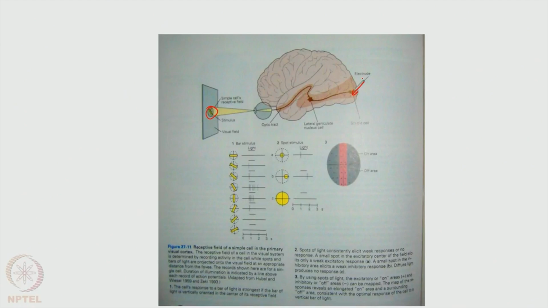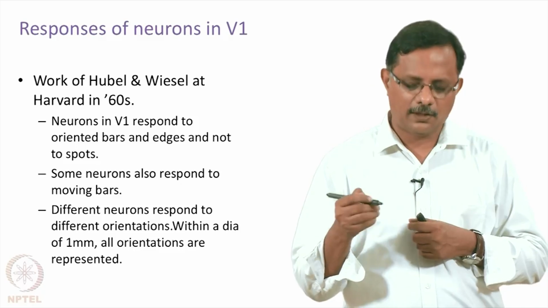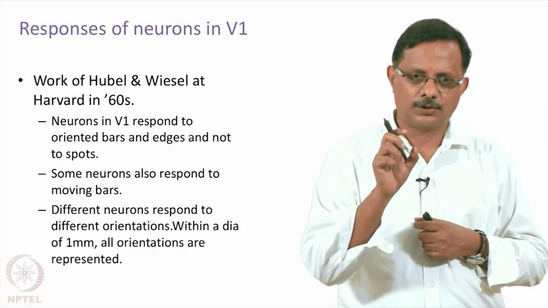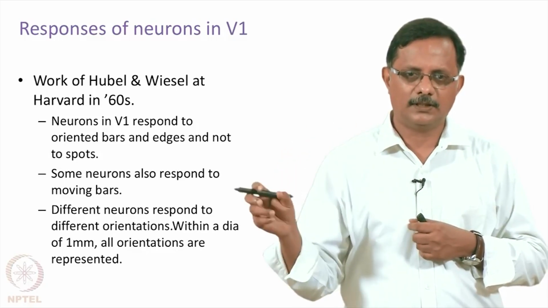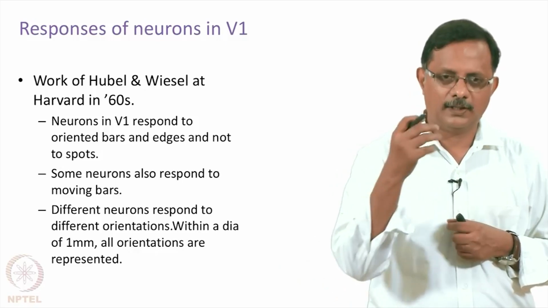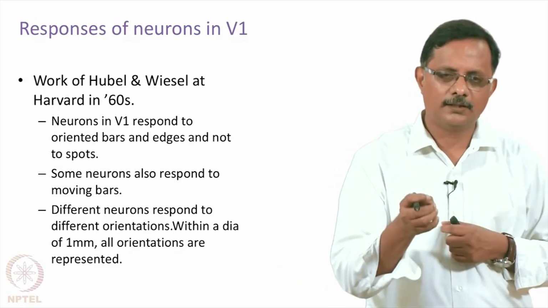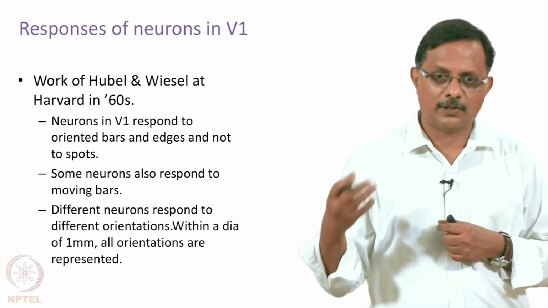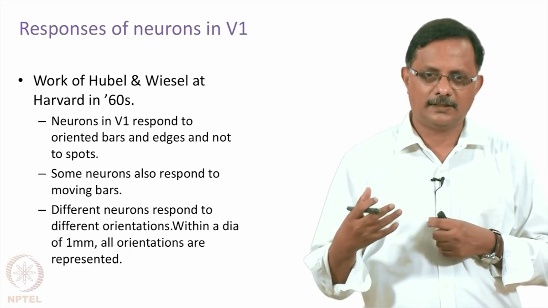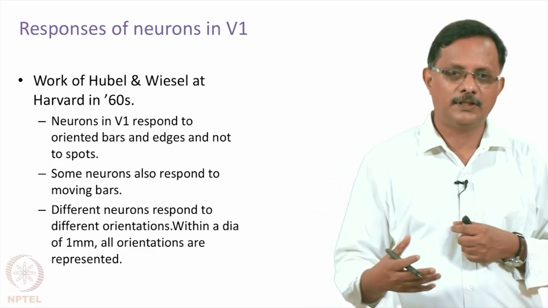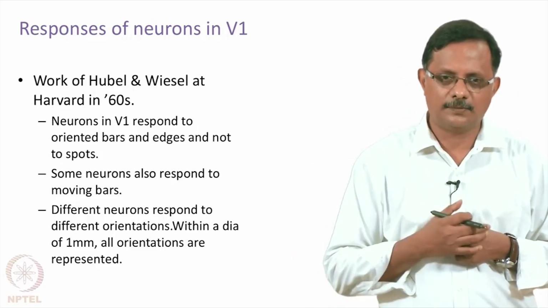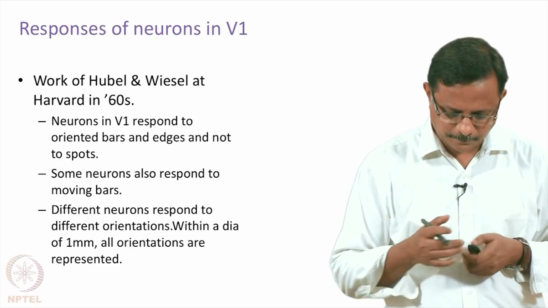The experimenter tries to figure out what kind of pattern shown on the screen produces a strong response in the neuron from which you are recording. For example, if you show a flash of light or a dot on the screen and the neuron responds strongly, it means it recognizes that pattern and is tuned to that pattern. The idea of tuning is very important, and we will return to that concept later in this class.